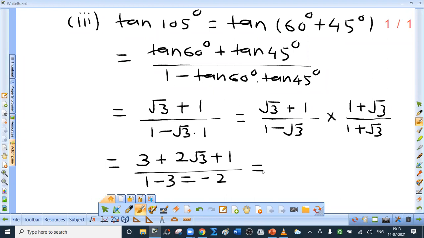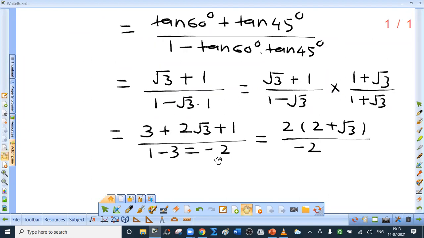So I will take 2 common from the numerator. So 2 plus root 3 upon minus 2. So minus in bracket root 3 plus 2.